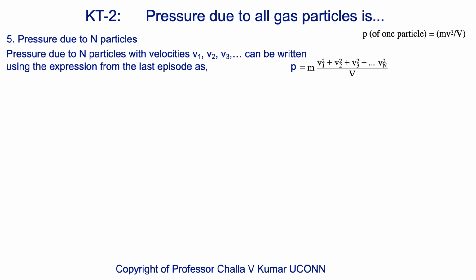So you have a common denominator, and you're multiplying with the mass, which is common to all particles, and the summation of squares of velocities.